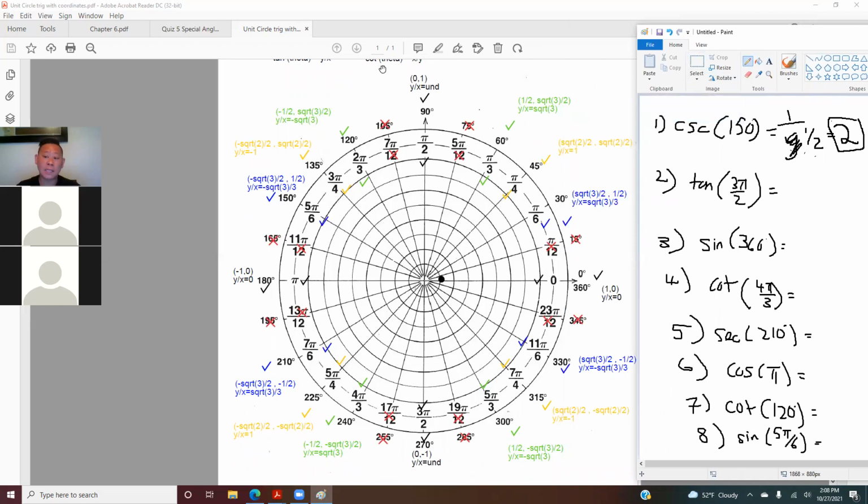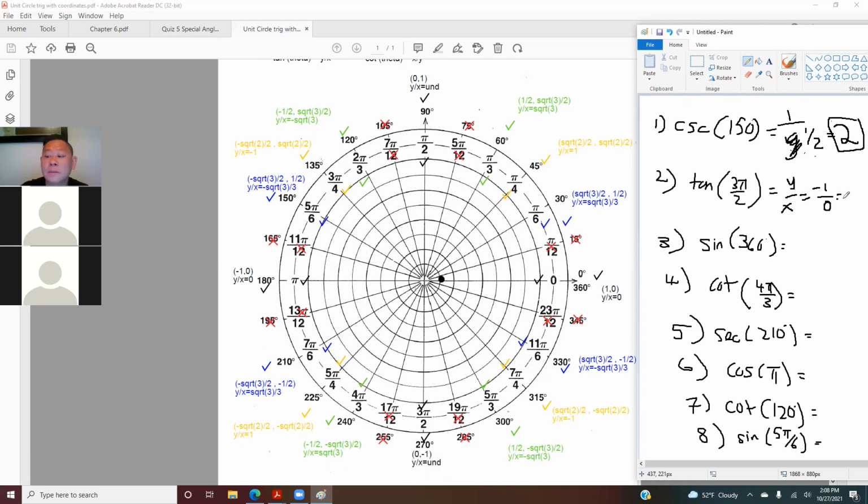Anyone wants to try tangent 3 pi over 2? Andrew? Is it -1 over 0? Yep. So tangent is always y over x. So y in this case is what? -1 over 0.